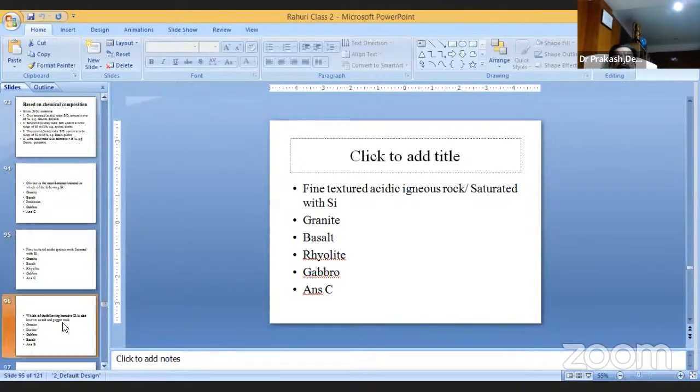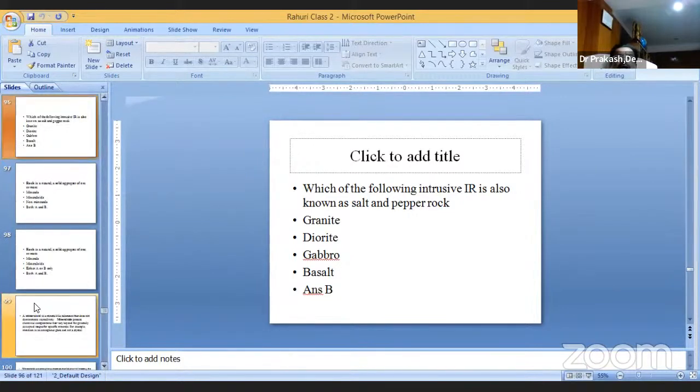Then, which of the following intrusive igneous rocks is also known as salt and pepper rock? It is diorite, called a salt and pepper rock.